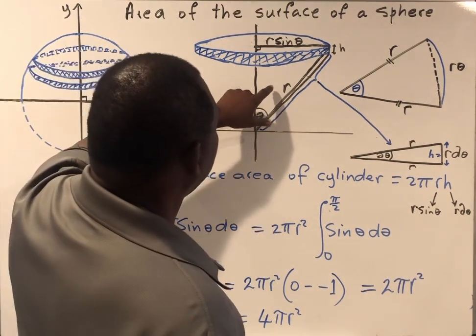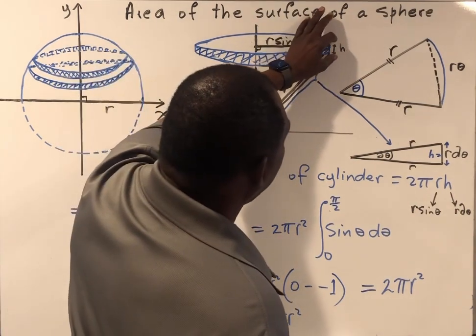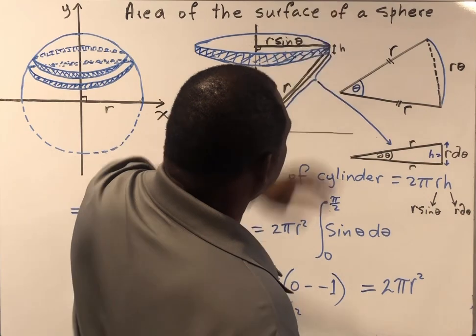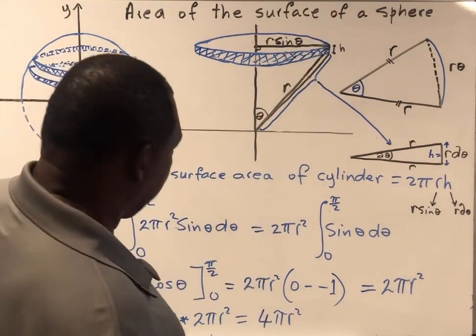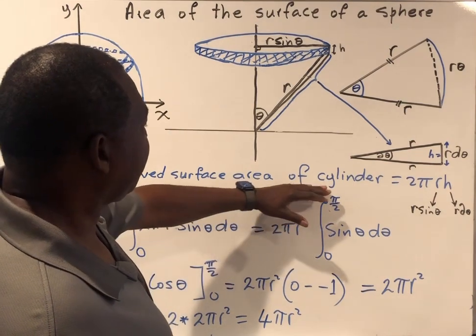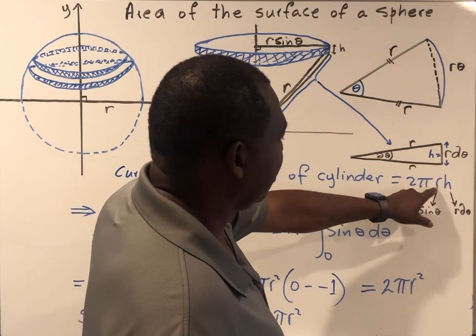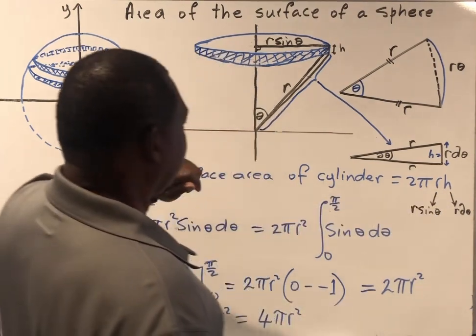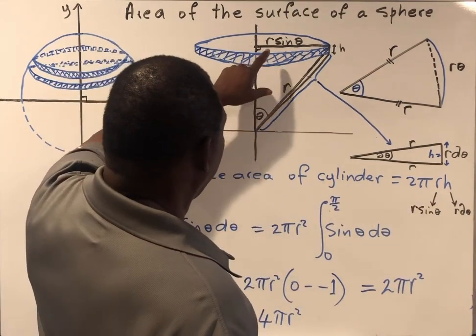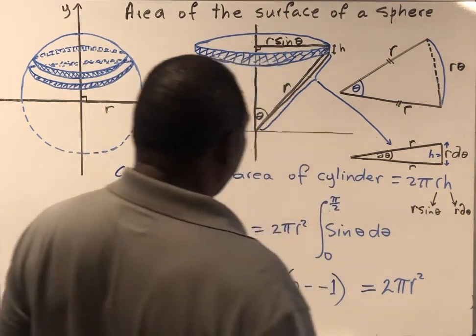And the other piece of information that we are interested in is the approximate height of this cylinder, because the curved surface area of the cylinder is given by the radius and the height. So we have the curved surface area of the cylinder to be equal to 2 pi r h.